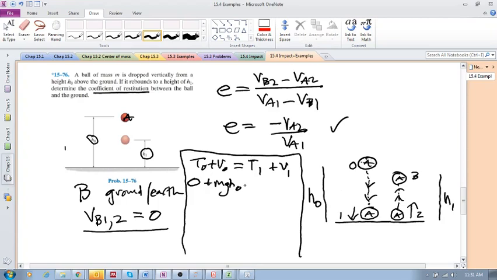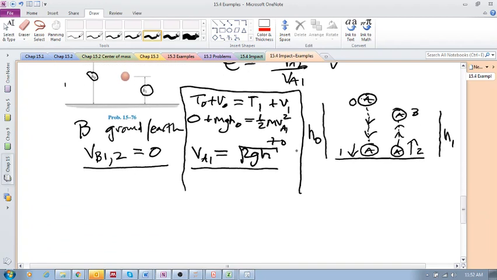Then the kinetic energy at state 1 is maximum, it's half m VA1 squared, and the potential energy at this point is 0. If you solve for this, you get VA1 is equal to the square root of 2gh0. That is the magnitude of this velocity. Hope that makes sense. So now we've got an expression for it.